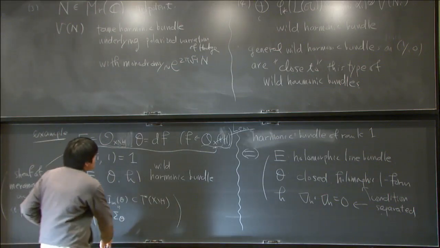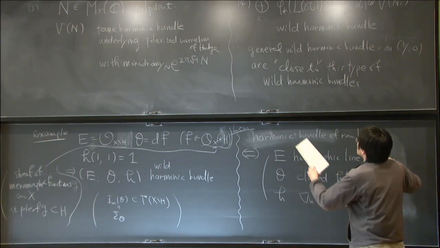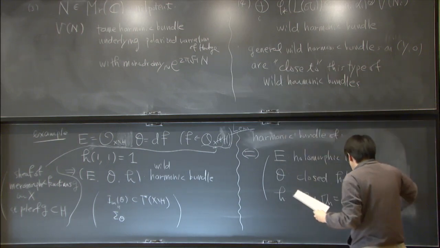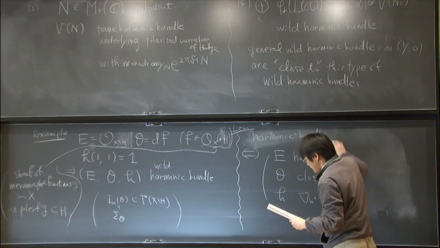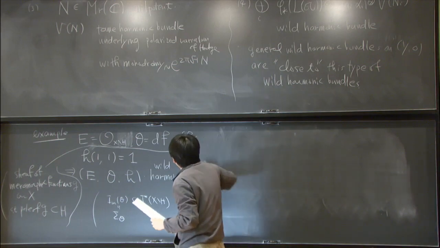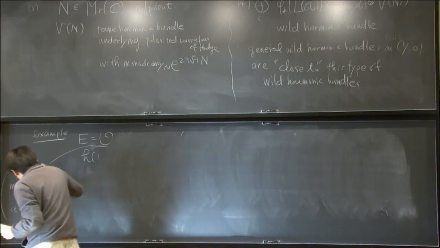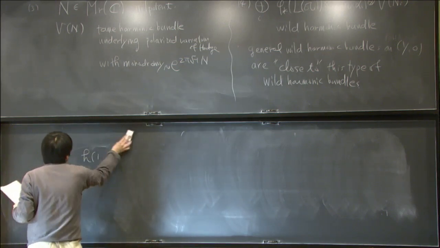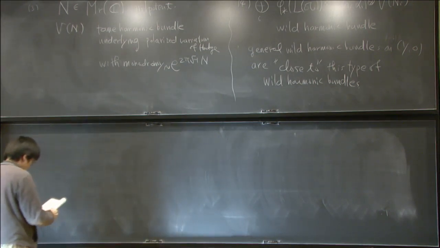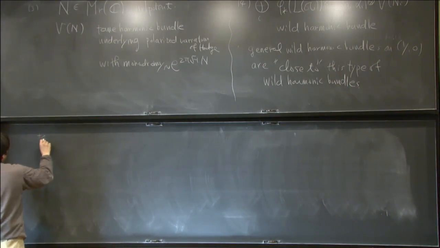And so how to show a general one is close to such a special one. I'd like to explain it in the tame case today. So today we consider the tame case.